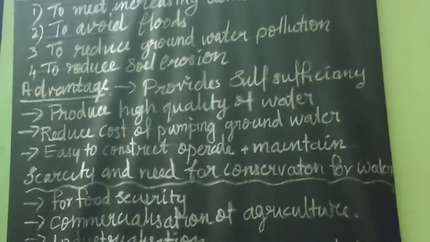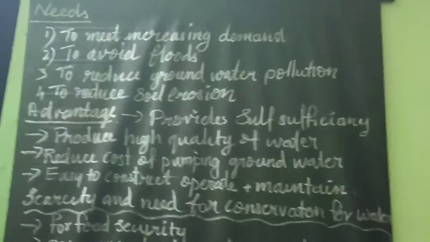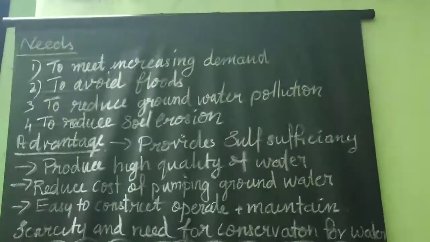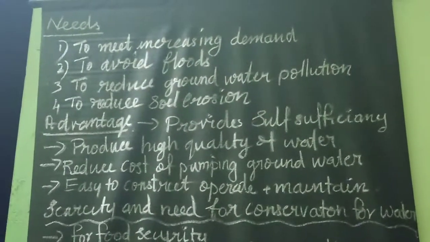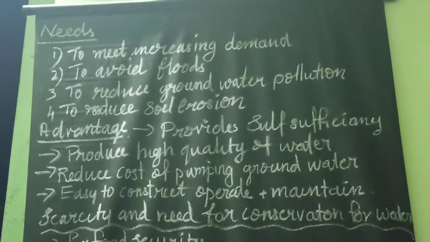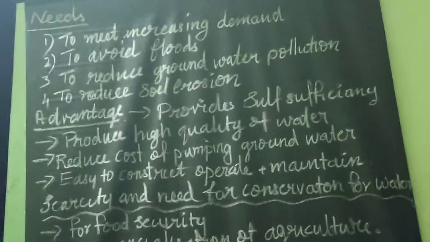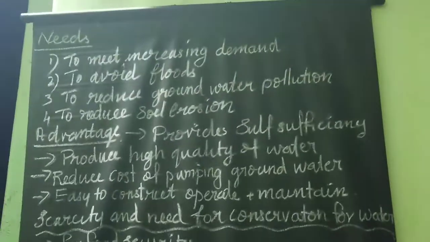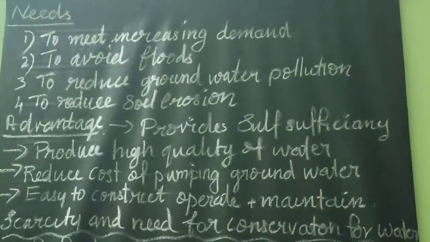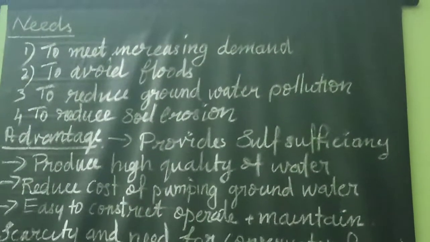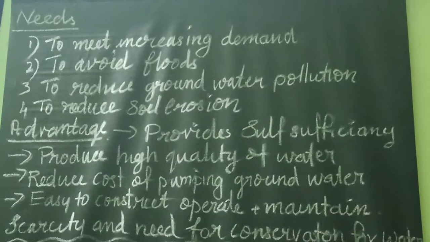This rainwater harvesting system is not a today's or yesterday's method, it is a very ancient method. Some of our states like Himachal Pradesh, Uttarakhand, Maharashtra, Nagaland, Tamil Nadu, Karnataka, different places have different ways of storing rainwater. They followed traditional rain harvesting systems.